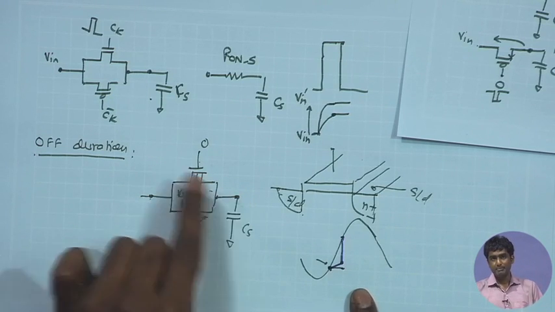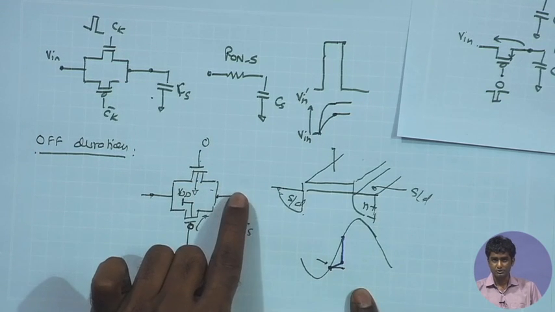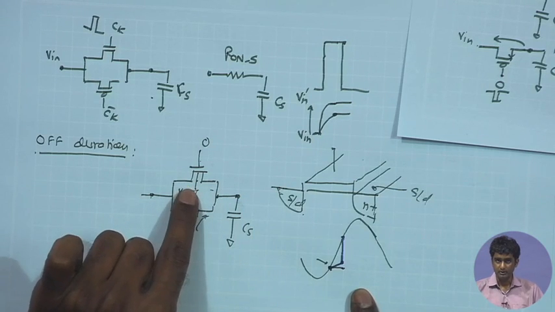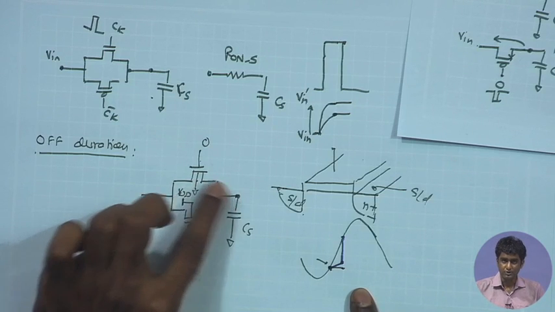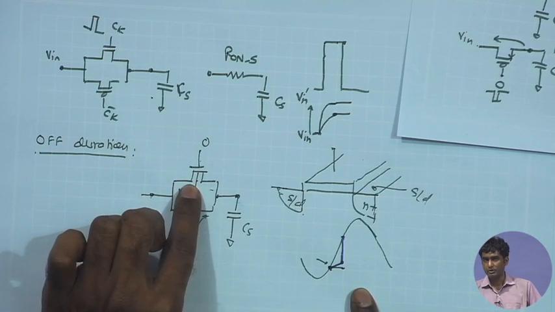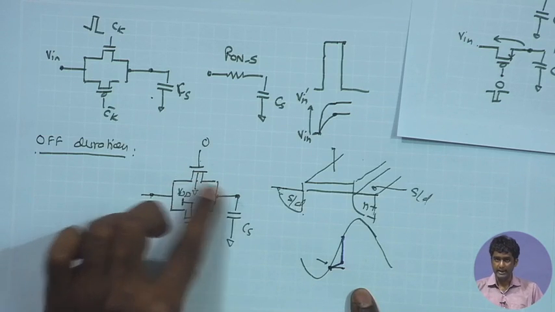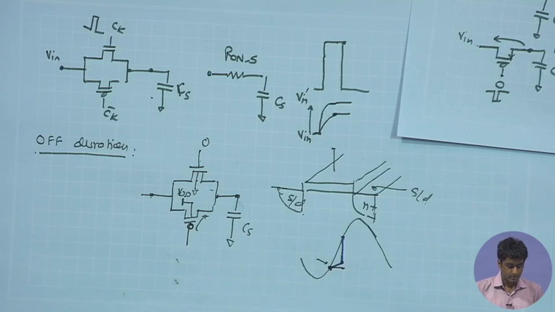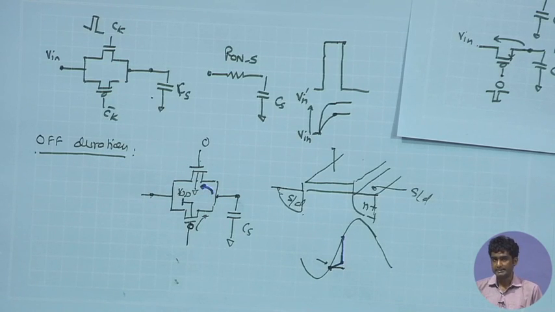In that case, the N plus drain of the NMOS is having a potential which is sufficiently high, whereas the body terminal, which is P, is low, is ground. Under that condition, the N plus P junction of the NMOS is going to have strong reverse bias. Therefore, the reverse bias junction current of the N plus P diode in the NMOS is going to dominate, and therefore, it is going to cause dissipation of the charges stored on the CS, right.